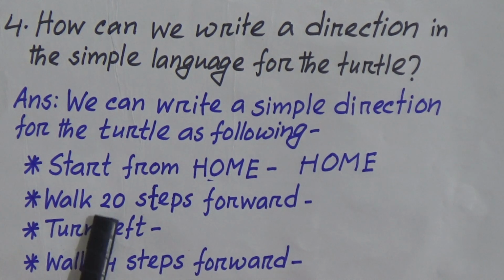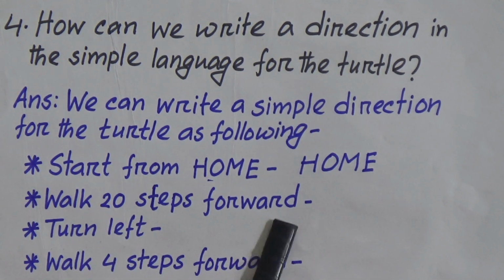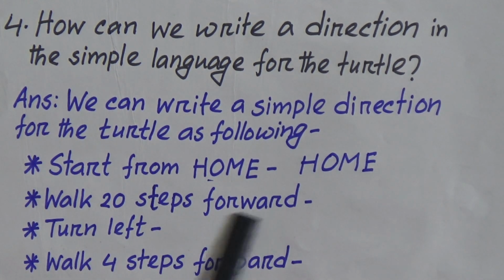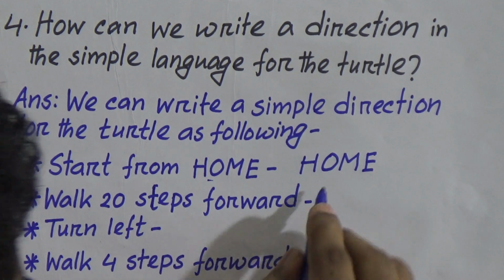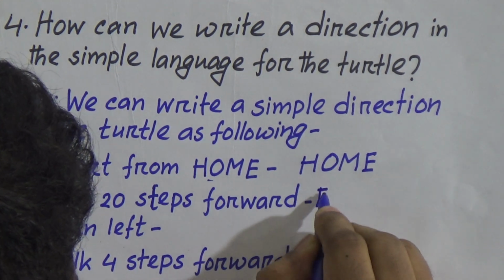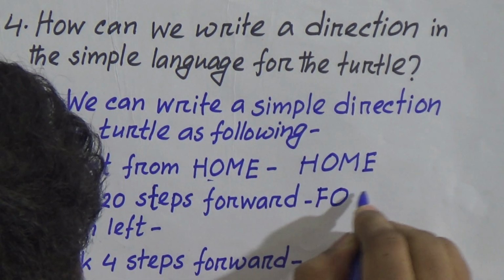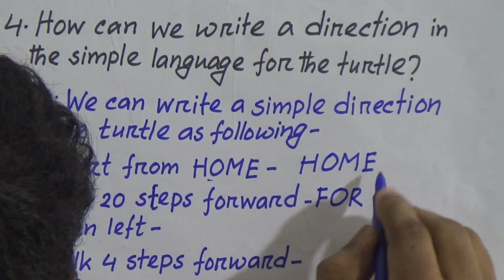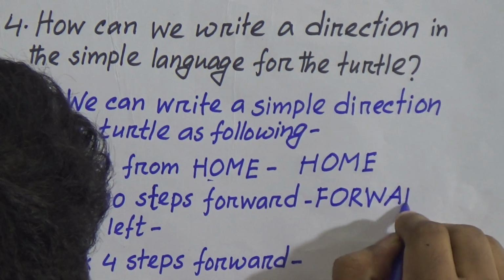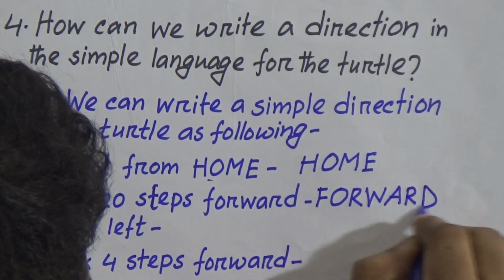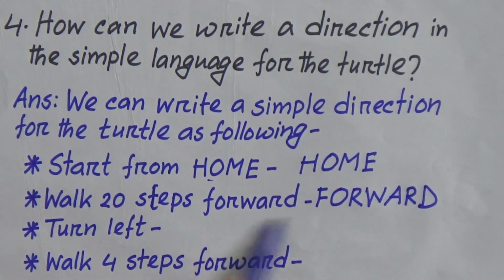Every word is small. So in this case we have to write forward in capital letter, as it is written in the book. So we have to write forward in capital letter, then write 20.